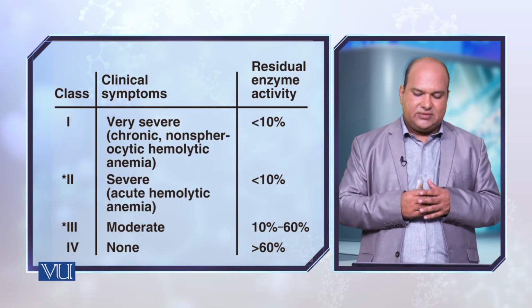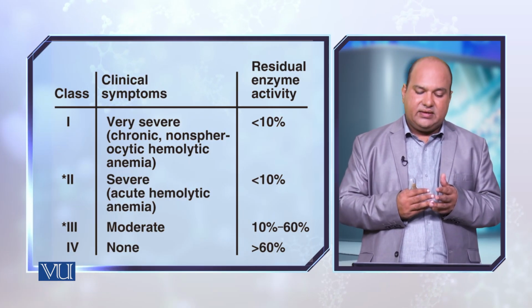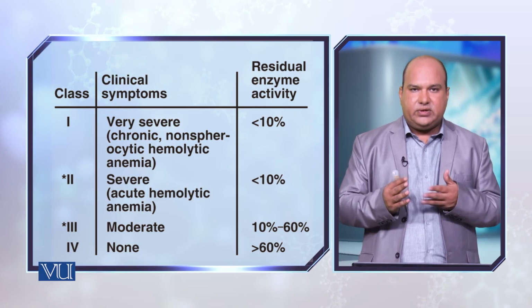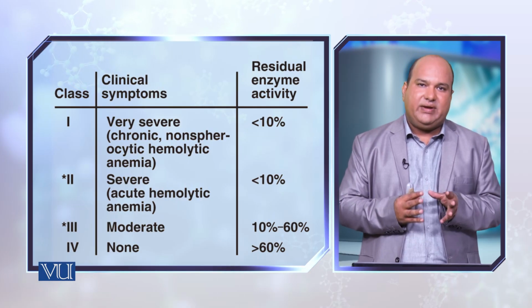For instance, class 1 is more severe than class 3 or class 4 or even class 2, and class 4 is almost harmless. So in this way you can see that defects in the genes can lead to hereditary disorders, and not only this, the type of mutations which cause the defects can also give diversification in the manifestation or severity of these diseases.